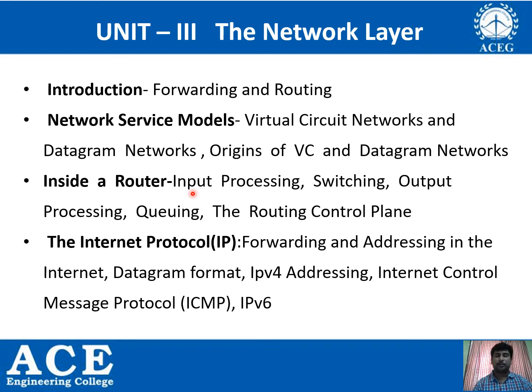The input port, from which it receives the data; then the switching fabric, which determines the forwarding process and forwards to the appropriate output port, through which it is connected to the end device or to the next router; and to implement the routing function we use one more component called the routing processor. In today's class we will try to understand two mechanisms happening in a router: the queuing mechanism and the routing control plane.